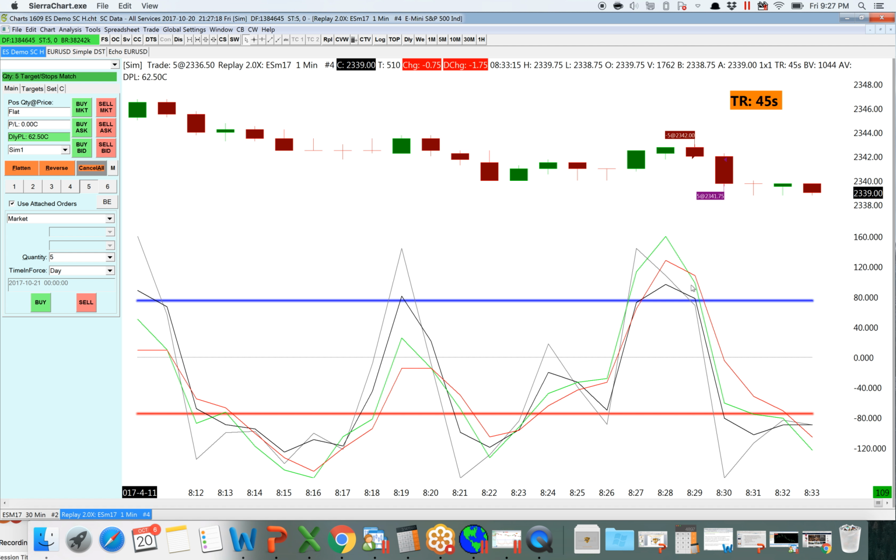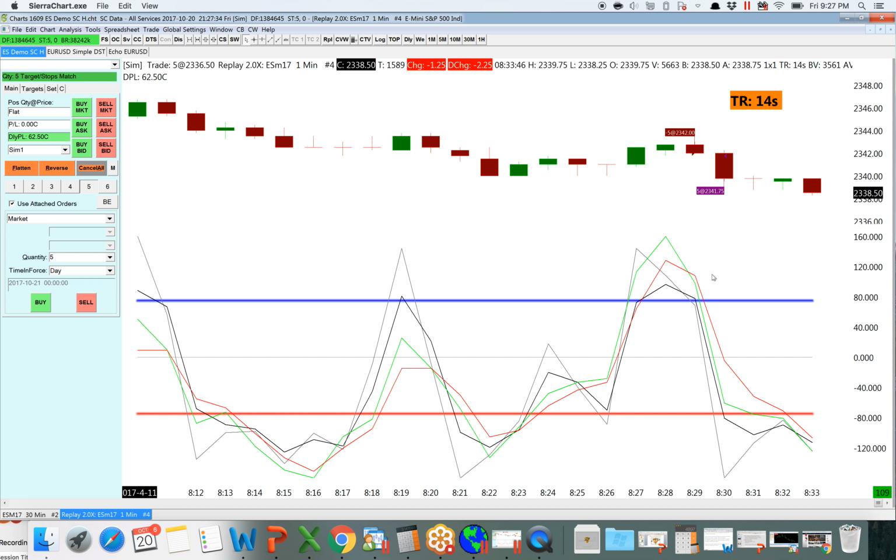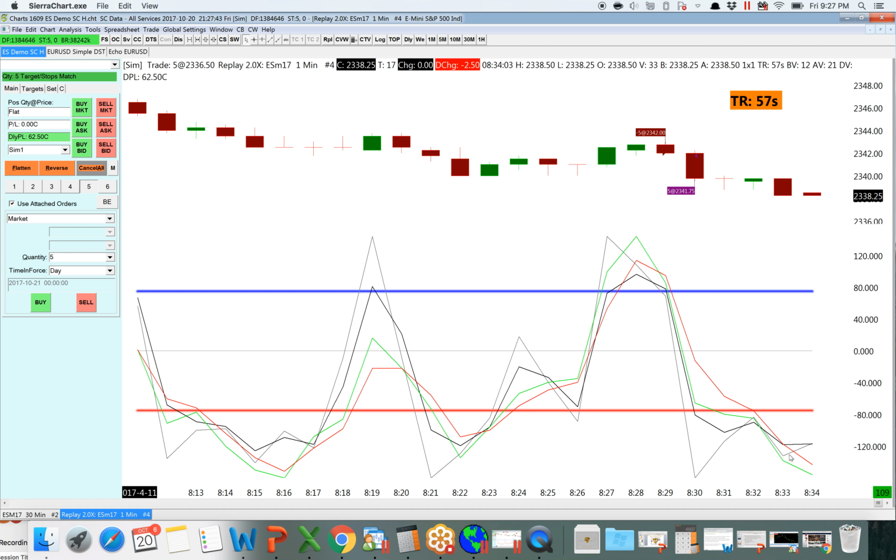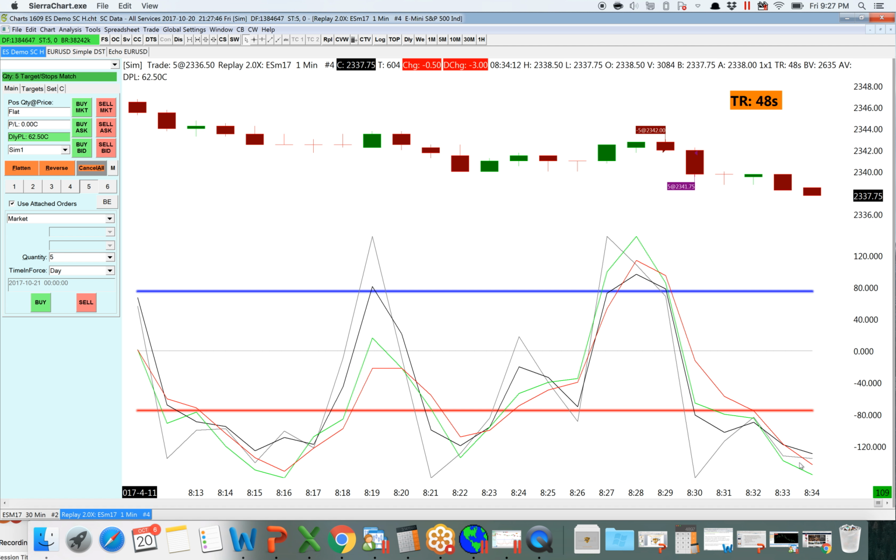And one of my rules that I stick to on this market is when I get a signal like this, and you'll notice here coming up, if we can get into another trade, I'm going to get into like 4 different trades with you. But you'll notice that when the indicators are moving with the market, just like this, the black and gray start crossing, but the majors have not yet.